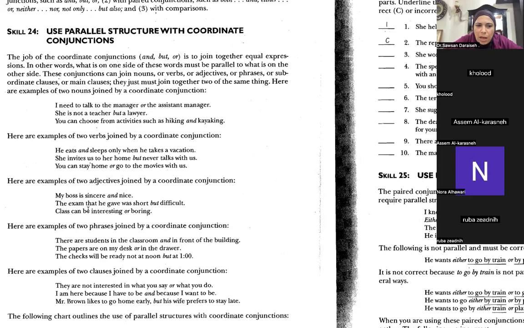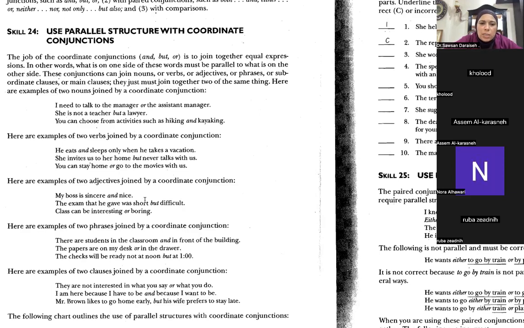The exam that he gave, الامتحان اللي أعطانا إياه, was short but difficult. مش كل مرة الامتحان بكون قصير معناها سهل. So be careful. Some people would think that short means easy. No, not necessarily.